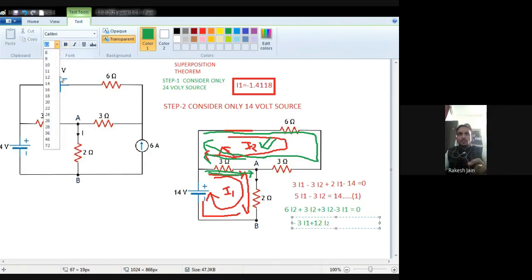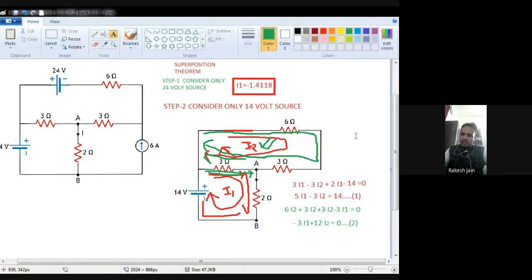But because I am writing the equation for the first mesh, right now I write 3 I1, minus the I2 current with negative sign, so minus 3 I2. Then I come from top to bottom through this 2 ohm resistance, and no other current is there, and my current is I1, so I write with positive sign, plus 2 I1.